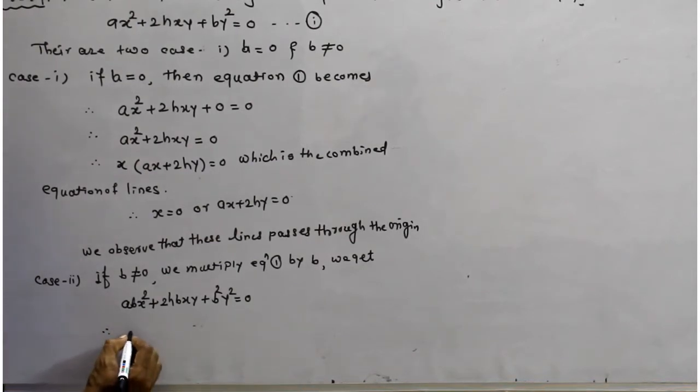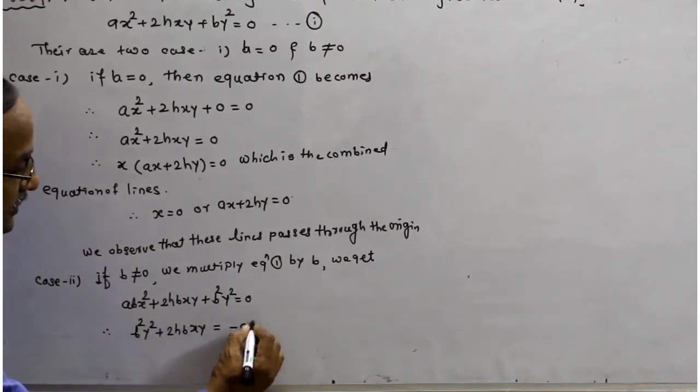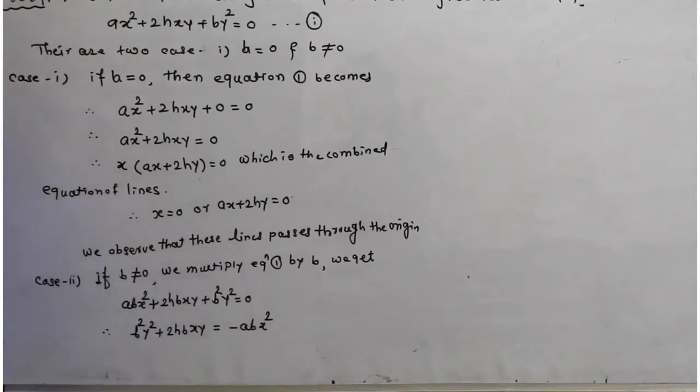So therefore it can be written as b square y square plus 2 times hbxy is equals to minus abx square.